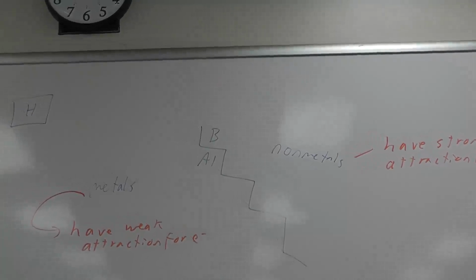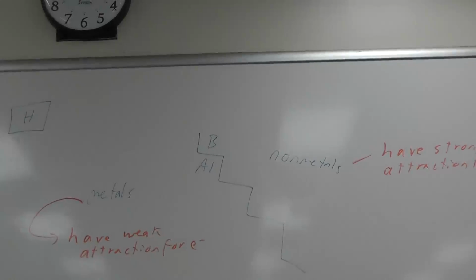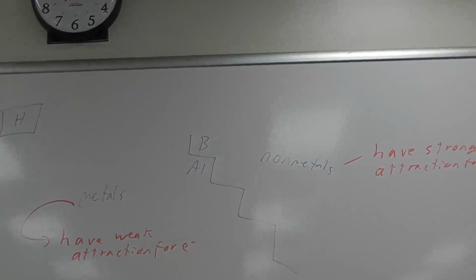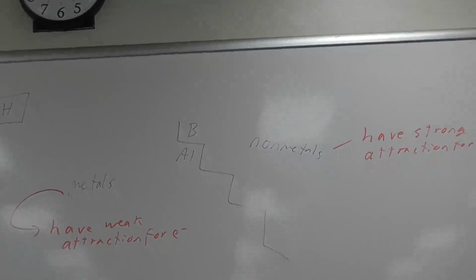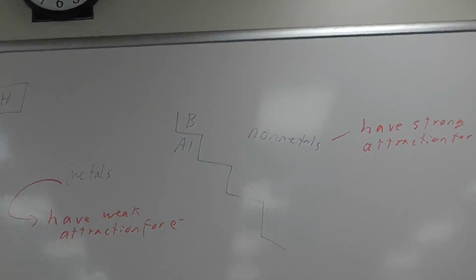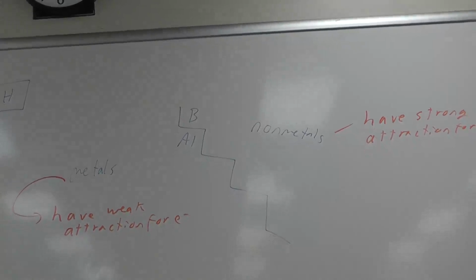Here's the metal atom. There's the electron in orbit. And there's only a small amount of force, positive, negative force, that keeps that electron in orbit. But for the nonmetal, with its electrons, you got a lot of force.